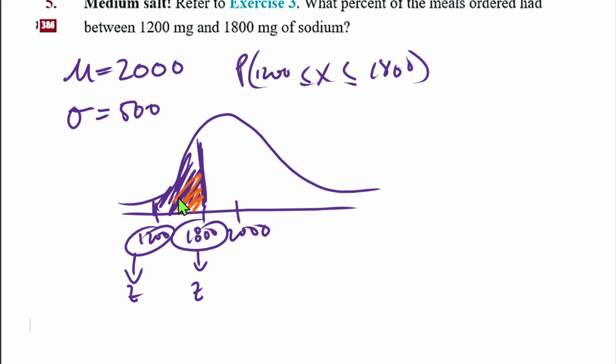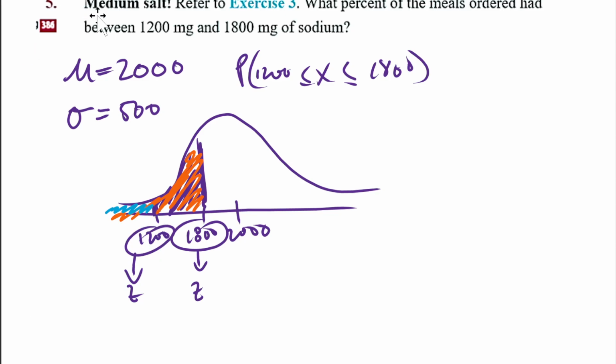We're going to go to the table, look up this probability, all that orange. Now you only want the purple. So the purple is going to mean find this probability by looking up this z-score, not 1200, convert it, and then find the z-score for 1200. And that will be this little blue probability. So find the orange probability, which is the z-score for 1800, and find the blue probability, which is from the z-score of 1200.